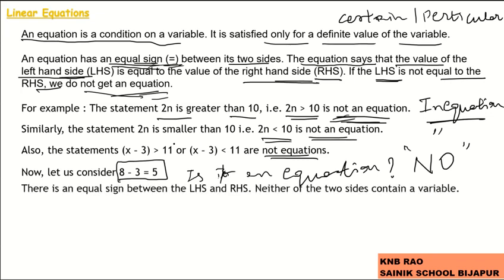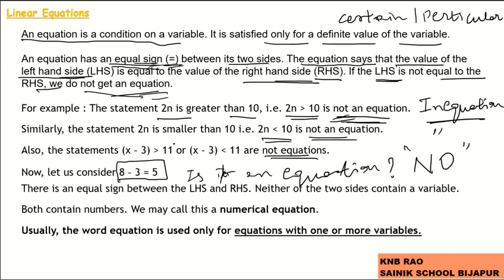So, there is an equal sign between LHS and RHS. Neither of the two sides contains a variable, both contain numbers only. So, we may call this a numerical equation but not an algebraic equation. Usually, the word equation is used only for equations with one or more variables.